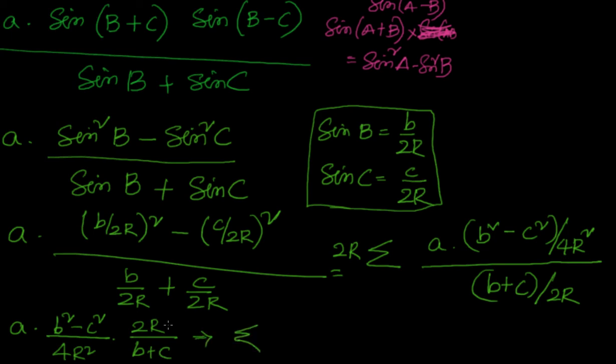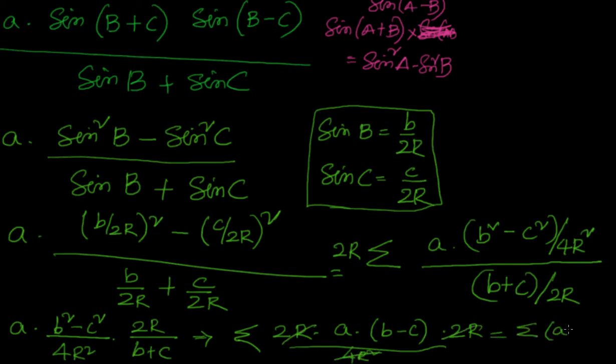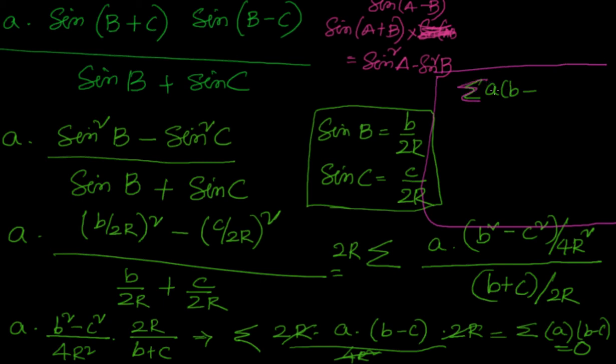Because sigma of a into b minus c is nothing but equal to ab minus ac plus b into c minus a, bc minus ba plus c into a minus b, ca minus cb. You can see that all of them cancel out and you will end up with 0. So that's how we can solve this problem.